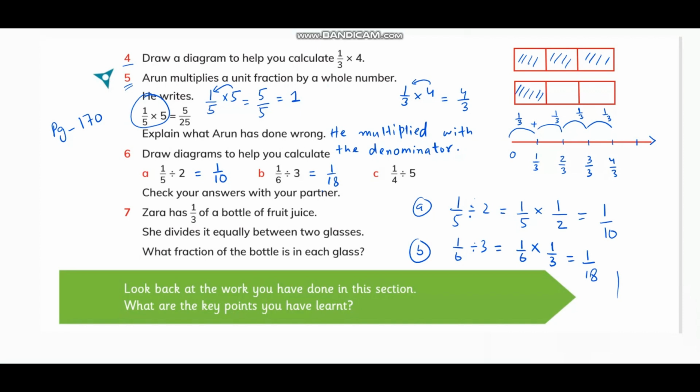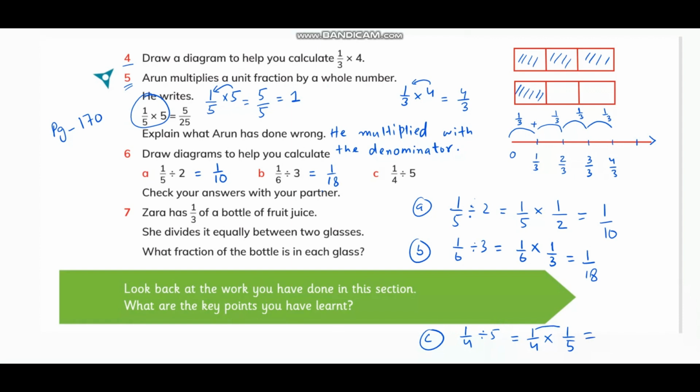Now let's move to the next question part. I'm going to write question C now. Question C is 1 by 4 divide by 5, sorry for that. We are doing division now. Now we'll write equal, then 1 by 4 here, then we will change this division to multiplication, and this 5 will become 1 by 5.